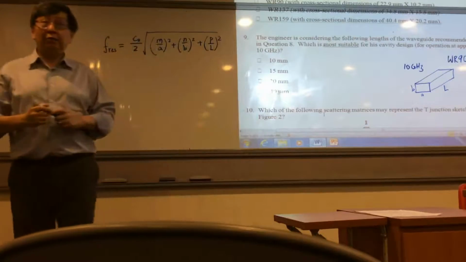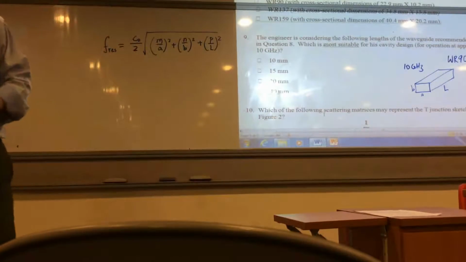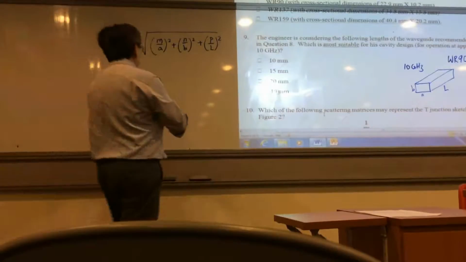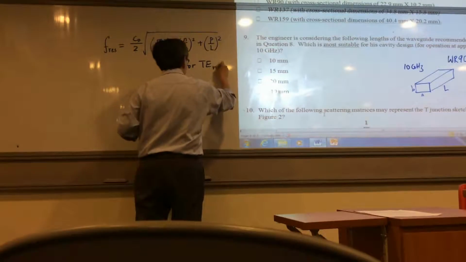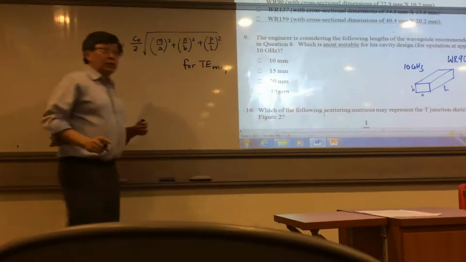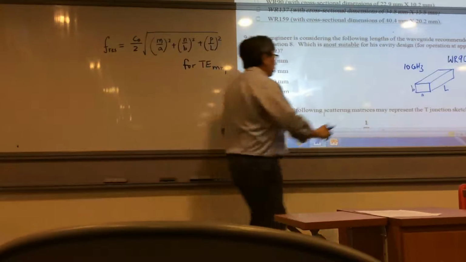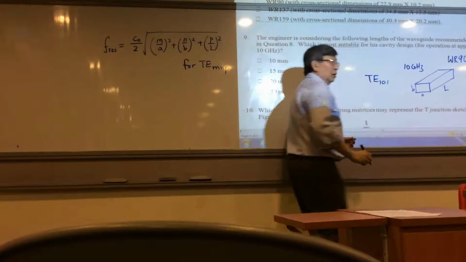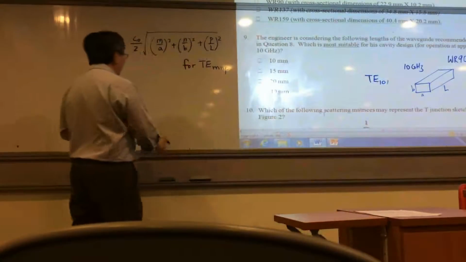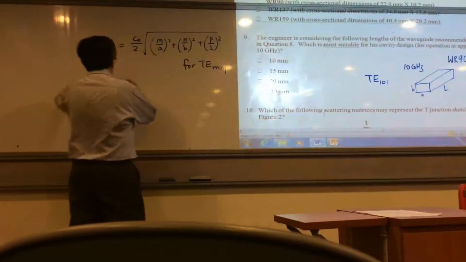This is the formula for the resonance frequency. This one is of course for TE_MNP. But in this case, we want to operate it at TE101, so for TE101, your M, set it to 1.